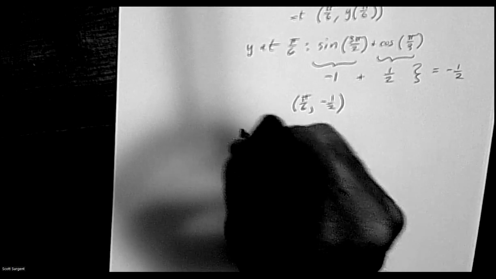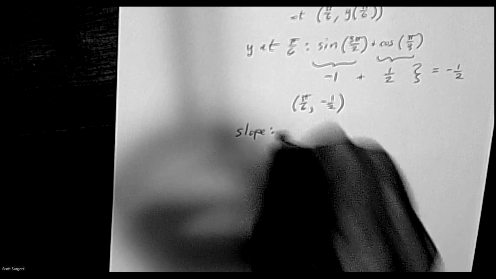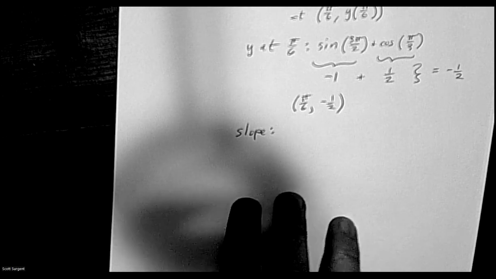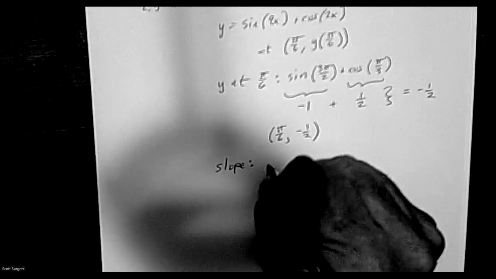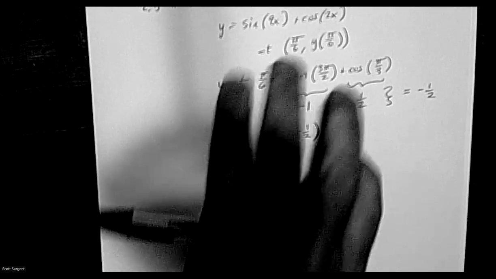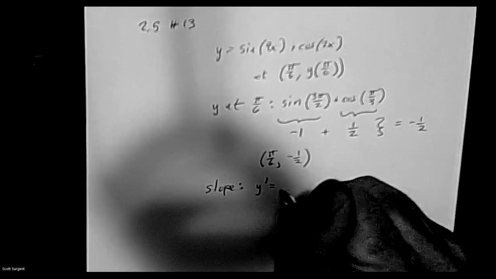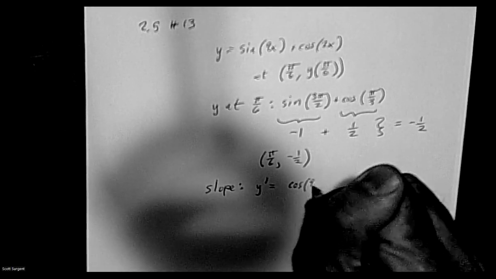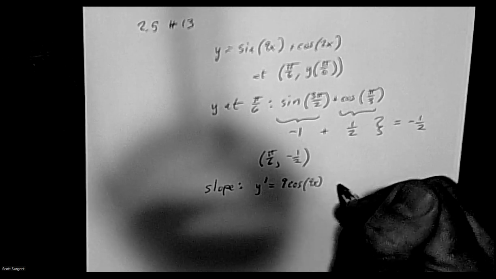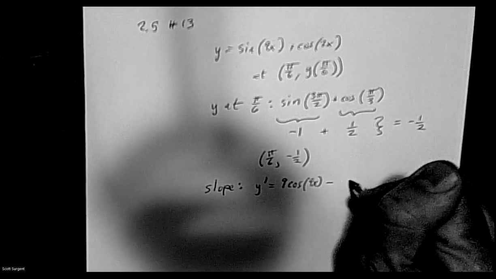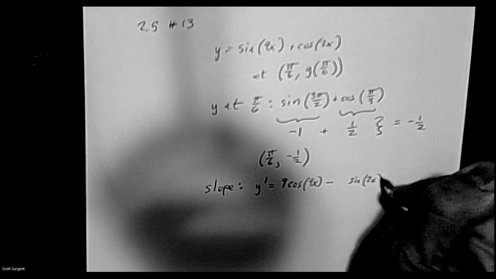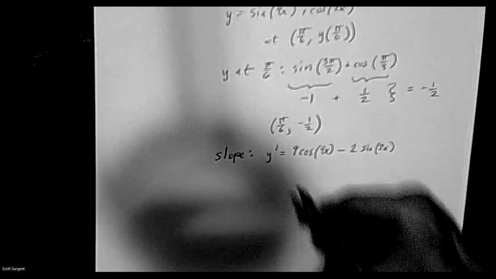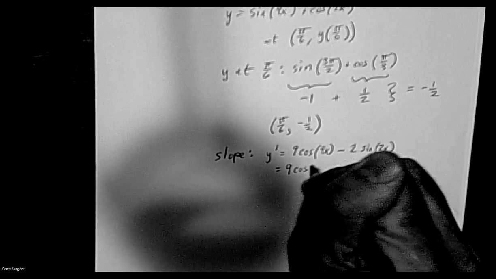Okay, the slope. Yes, you will have a chance to correct your mistakes. The slope, let's do it. Take the derivative. The derivative of sine of 9x is cos of 9x times 9. I'll put that out in front. Now the derivative of cosine is negative sine of 2x times chain rule, so 2. Then I pop in pi over 6.